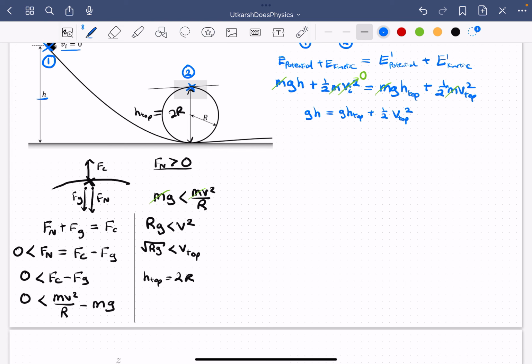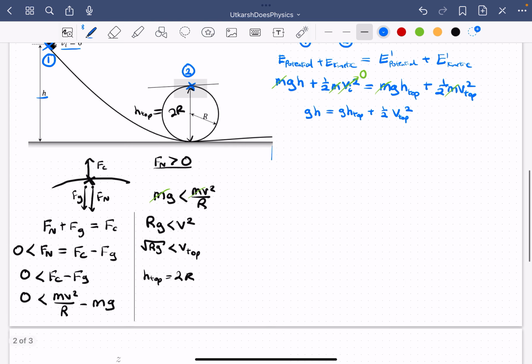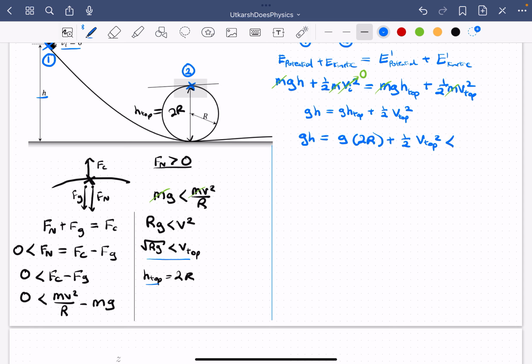So again, we're just going to substitute the values in. gh is equal to g times h_top, which is 2R, plus half v_top squared. And v_top has to always be greater than the square root of rg.